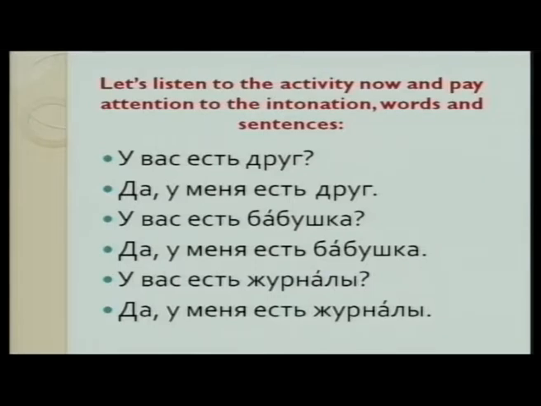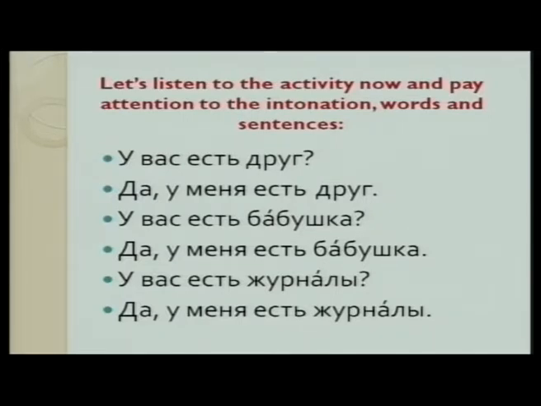Dear learners, if you pay attention to the construction of these sentences, we have у вас and у меня. Whenever you use у меня, it means I have. If I ask у вас есть друг, the literal translation is, do you have a friend?